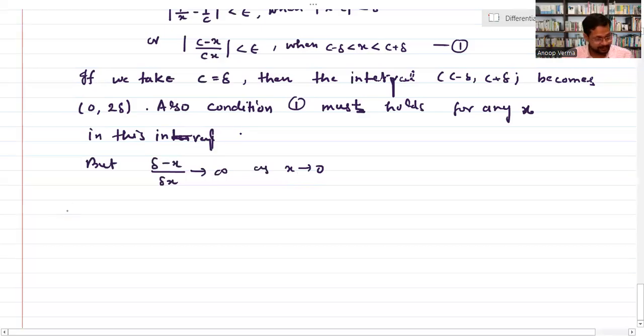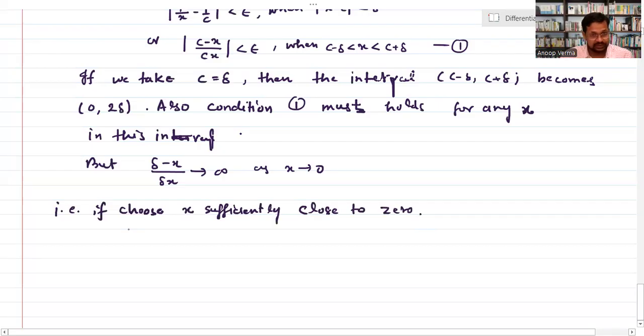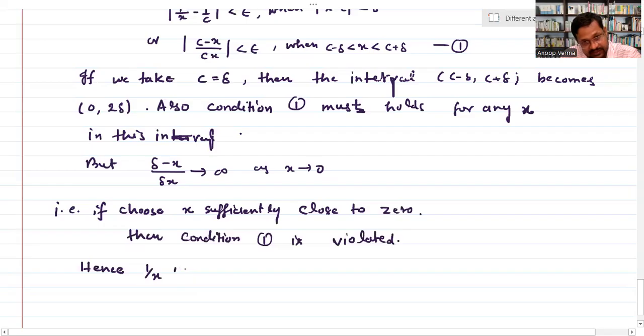So it means that if we choose x sufficiently close to 0, then the condition will be violated। ओके, तो इसका मतलब ये है कि वो कंडीशन फुलफिल नहीं होगी, मीन फंक्शन इज नॉट यूनिफॉर्मली कॉन्टिन्यूअस, hence you can say this 1 upon x is not uniformly continuous on this interval 0, 1.